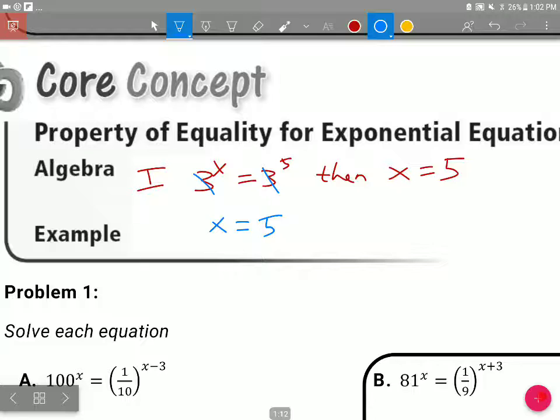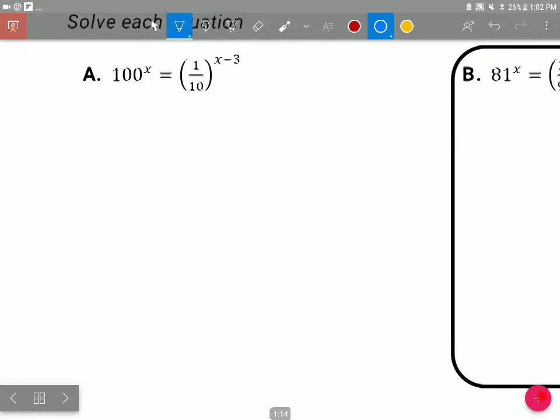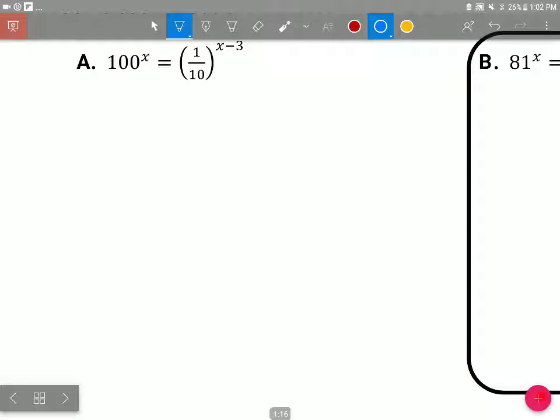So letter A. First things first, do both of those have the same base right now? No. But I can bring them to the same base. Like 100 is 10 squared. And my new exponent, I'm simply going to multiply by the old exponent. I'm going to bring down the old exponent and multiply it together.